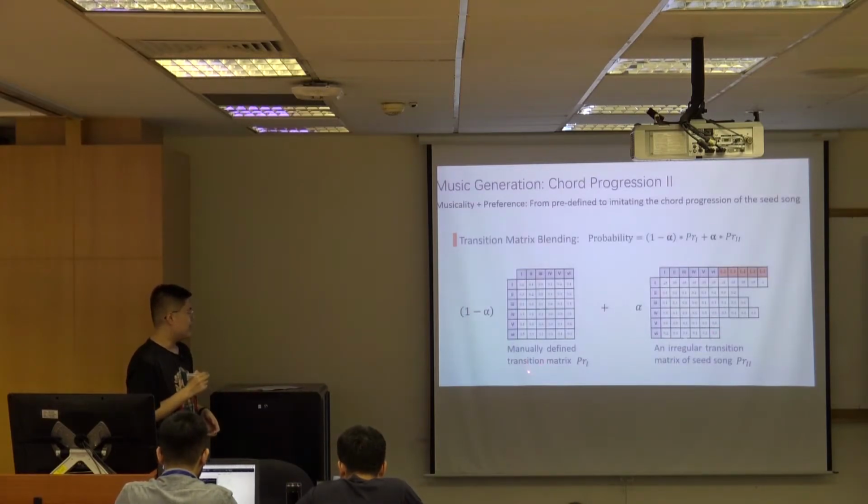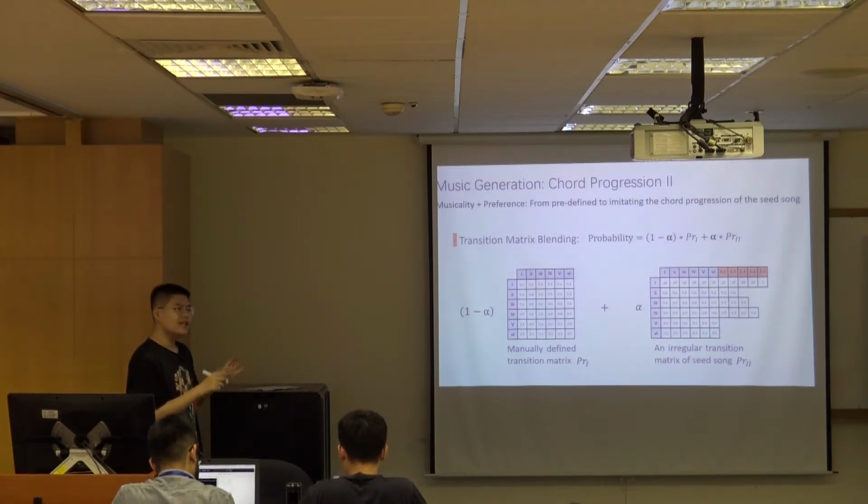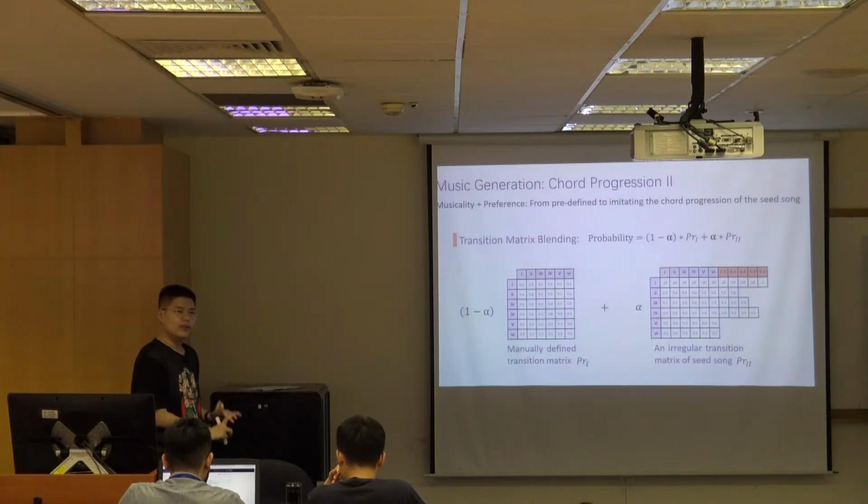We have a transition matrix that is manually predefined, PR1, and a transition matrix produced by the seed song, PR2, and we will blend them together with the parameter alpha. So alpha determines how much we depend on the music theory rules and how much we depend on the seed song.